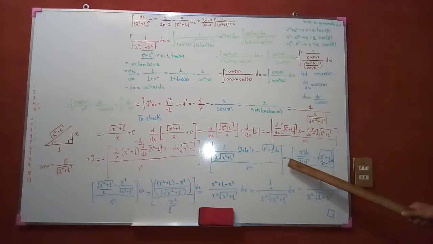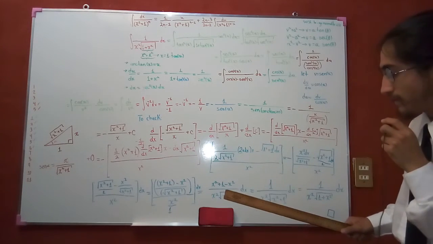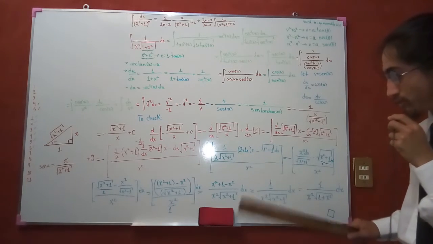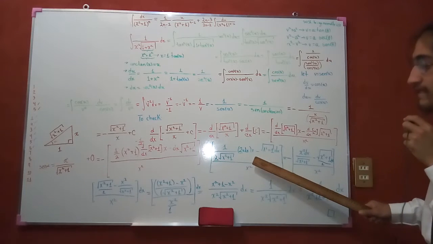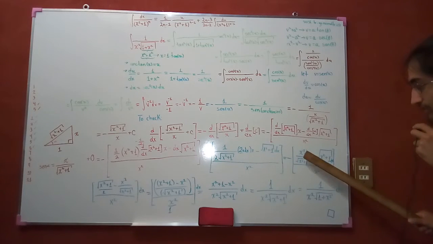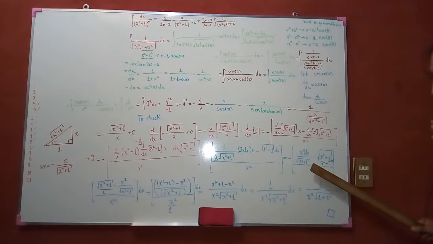This is equal to negative, open parentheses. So 1/2 multiplying 2 is equal to 1. So x dx multiplying x is equal to x squared dx over the square root of x squared plus 1 minus the square root of x squared plus 1 divided by 1 dx divided by x squared, closed parentheses.